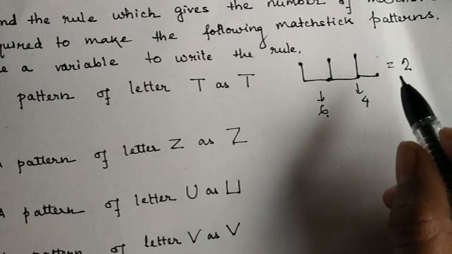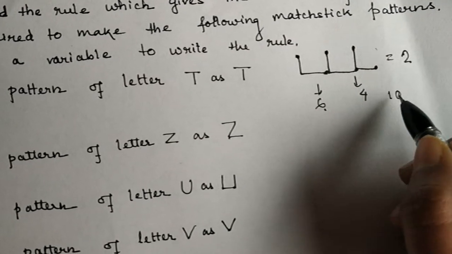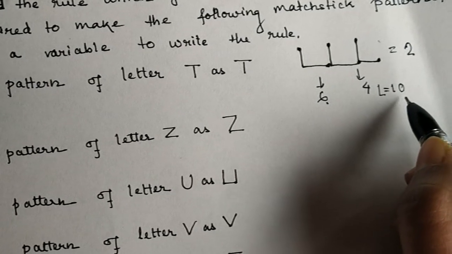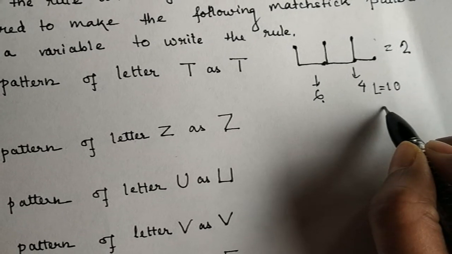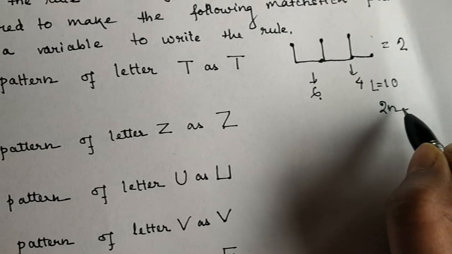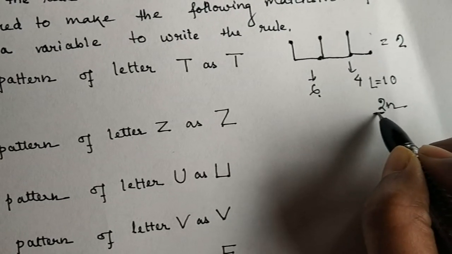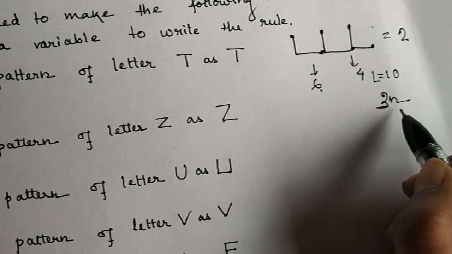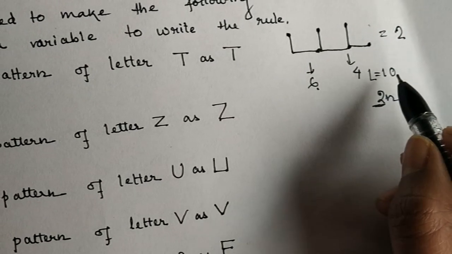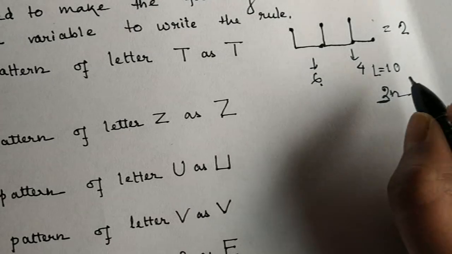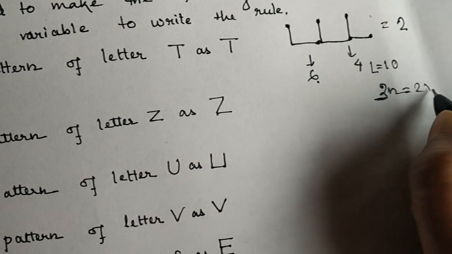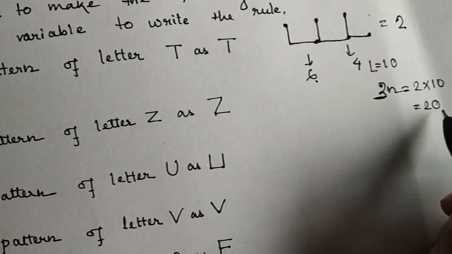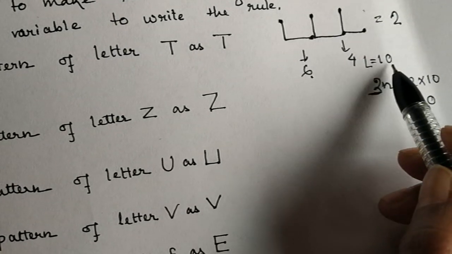Now if the number of L is n, then the rule will be 2 into n. Here 2 is the number of mastics required in one alphabet and n is the number of L. If there are, say, 10 L's, then 2 into 10 is 20. 20 mastics are used in 10 L's.